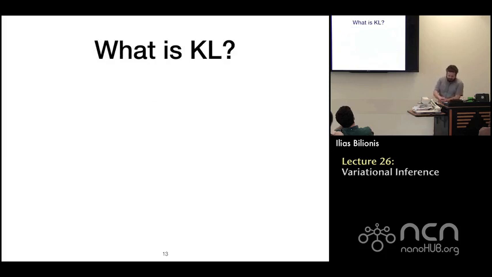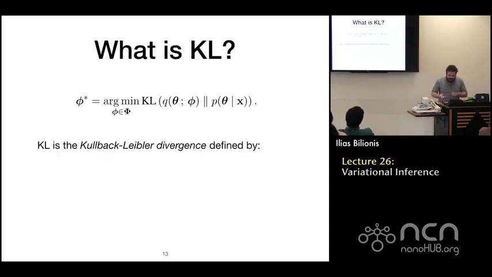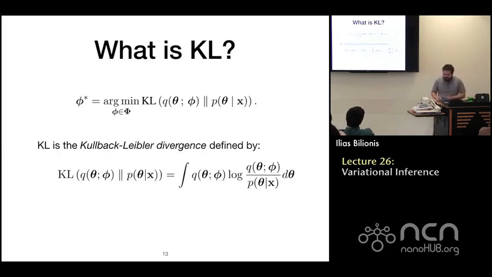What is KL? What is the Kullback-Leibler divergence? The thing that we're trying to minimize to select the best distribution. So the Kullback-Leibler divergence is basically defined like that. And if you pay close attention, you will see here things like the entropy.